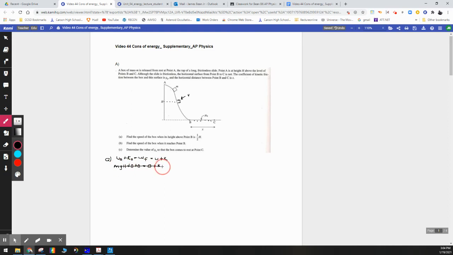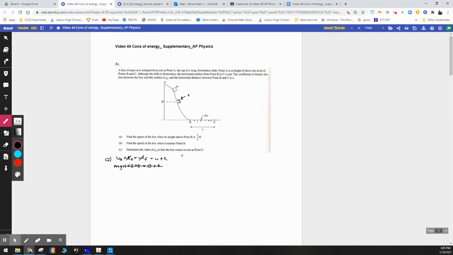Time out. We want to find out what it is at this position right here. So looking here, we know that there's no kinetic energy and there's no work done by friction initially. When it's at this position here, it's going to have both potential and kinetic energy.